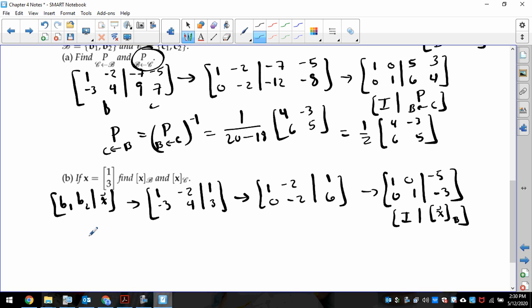Okay, so now that we have that, let's just use our inverse matrix from up here to take the B coordinates of x to find the C coordinates of x. So we'll say P going from B to C, and we'll multiply that to x, the B coordinates of x. So this one has the 1/2 out in front.